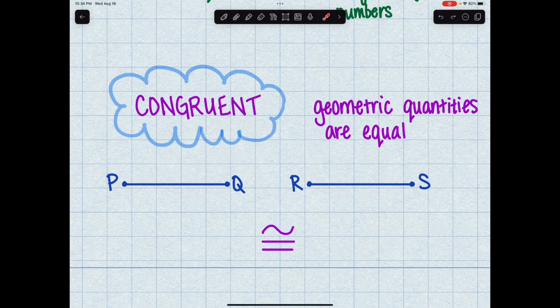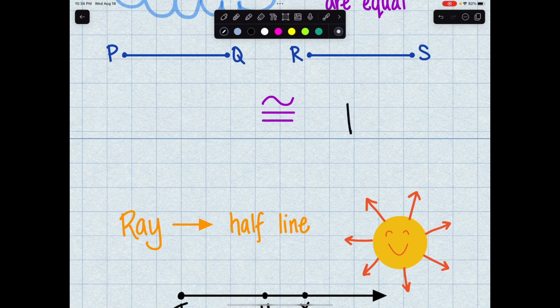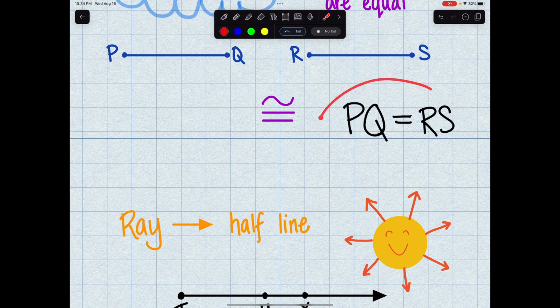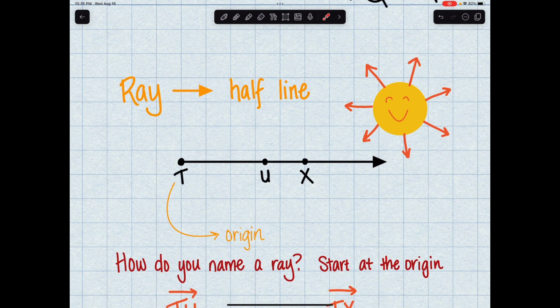Or if you want to say that their lengths are equal, you could write it another way: PQ is equal to RS, because remember, when there's no line over it, you're referring to their lengths, and you can say their lengths are equal because that's a number. All right, let's move on.